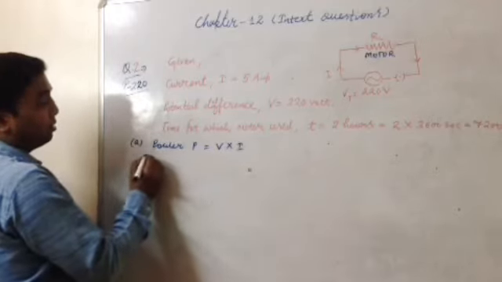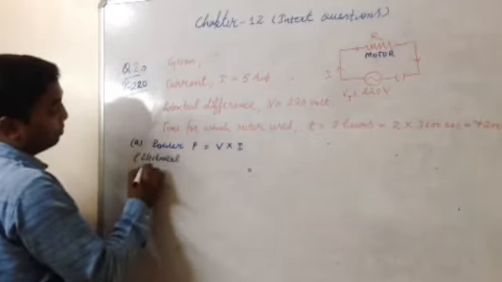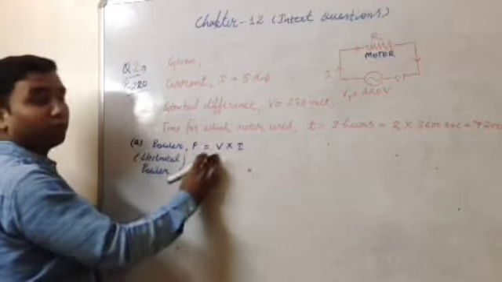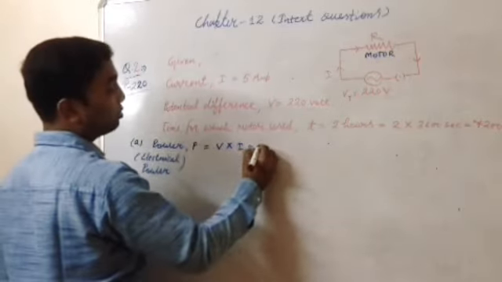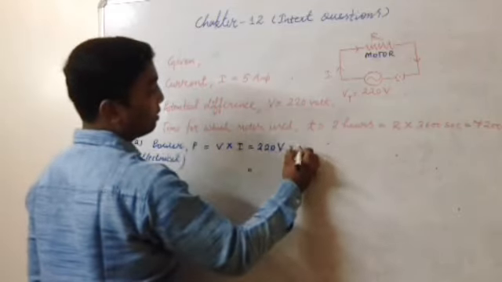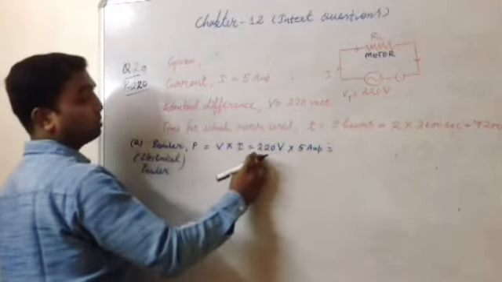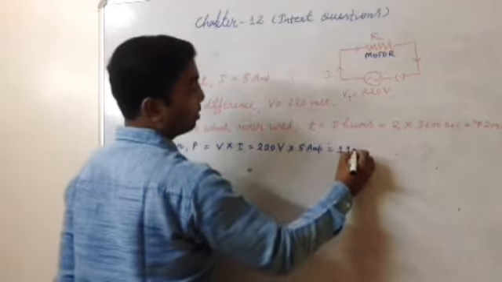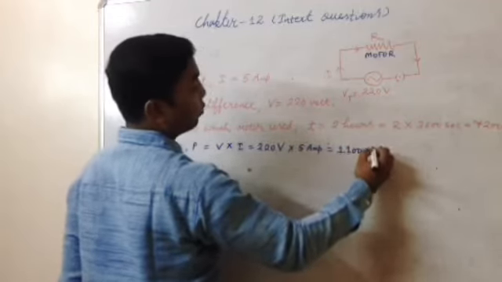So V was 220 volt and current was 5 ampere. 220 into 5 would become 1100 volt into ampere.